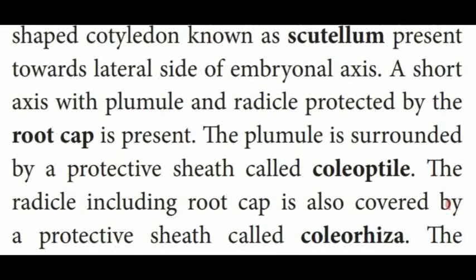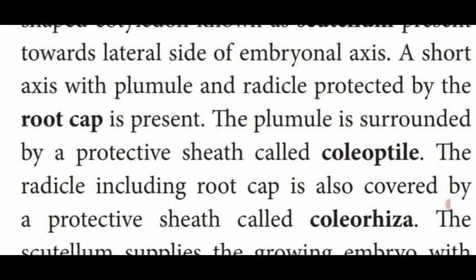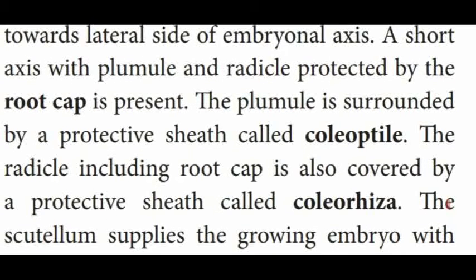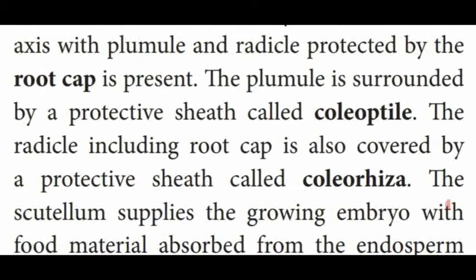A short axis with a plumule and a radicle protected by the root cap is present. The plumule is present above the cotyledon region of the embryonal axis. The radicle is present below the cotyledon region, and the radicle region covered by a cap-like structure is called the root cap.